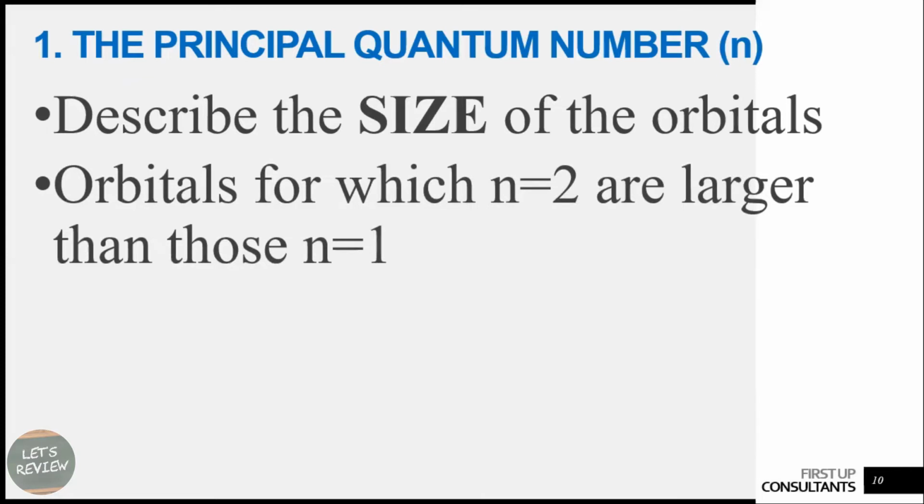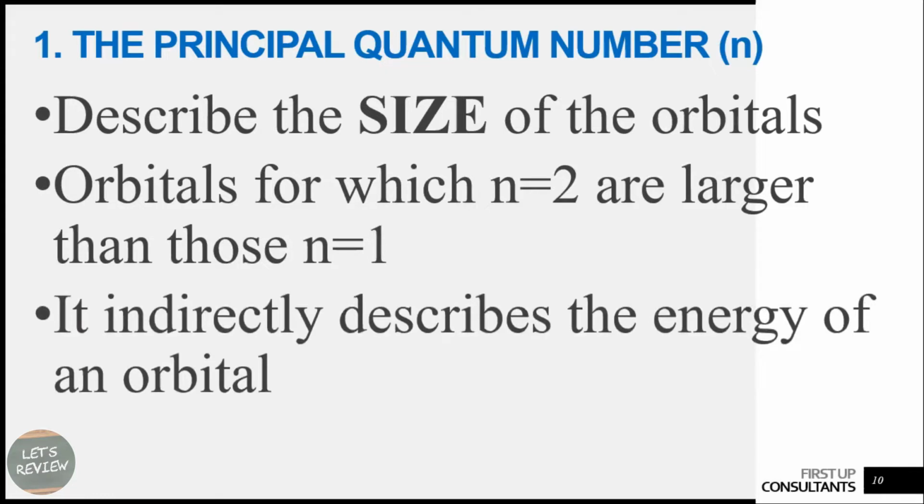So orbitals for which n equals 2 are of course larger than those with n equals 1. Or we can say that the first orbital is smaller than the second one, and vice versa. It indirectly describes the energy of an orbital.